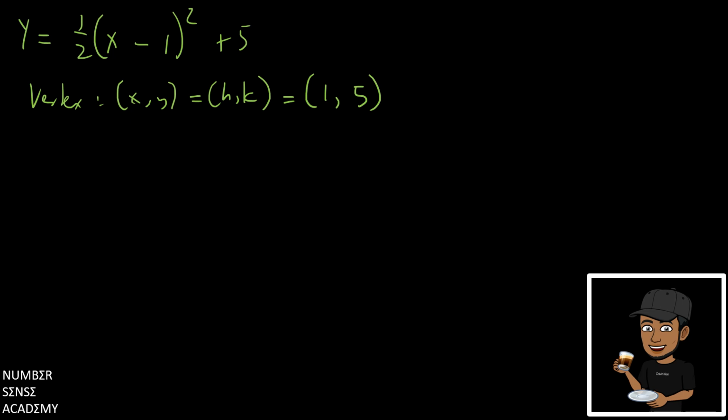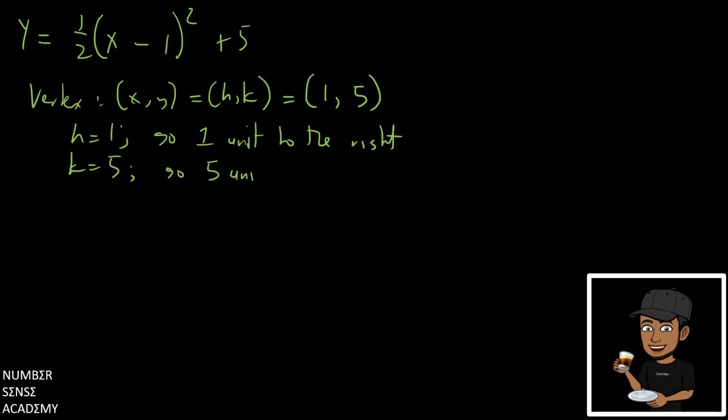What does this mean? h equals 1 means I go 1 unit to the right. k equals 5 means I go 5 units upward. So the graph has shifted 5 units upward. Okay.